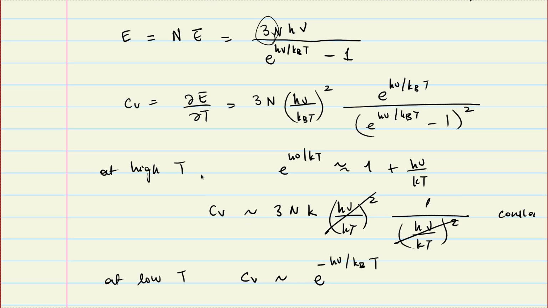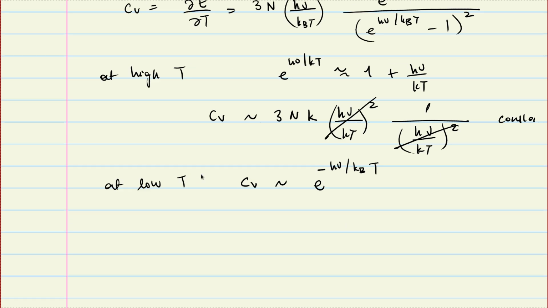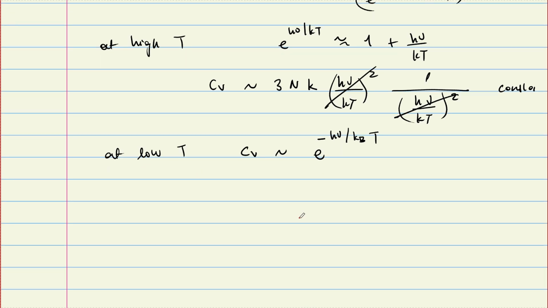So Einstein's calculation is a step, but it is still incorrect, and hopefully you appreciate the mistakes. This mistake was fixed by Debye. If you calculate these so-called phonons in the Debye model, you can get exactly the experimental result.